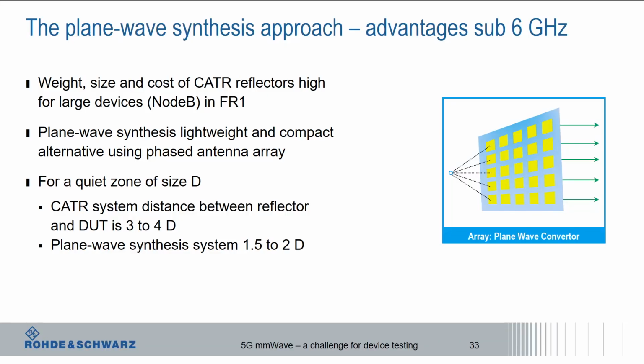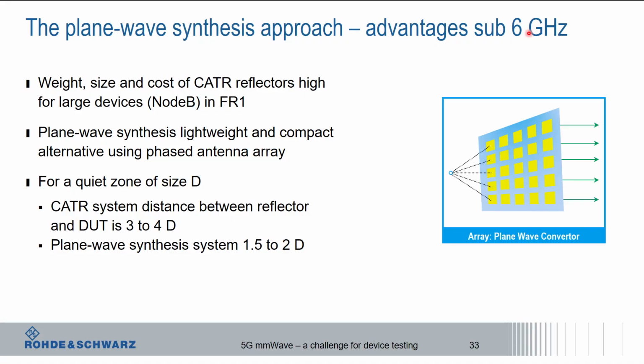I mentioned before there is another alternative for doing far field conditions in a near field distance, and it is plane wave synthesis. So you see this here. It basically works like antenna systems work. It's a multitude of antennas and they are connected via phase shifters. The reason for doing this, and this is actually coming back to FR1 now, this is actually meant for sub-6, so for FR1 testing.